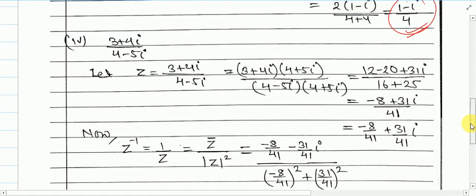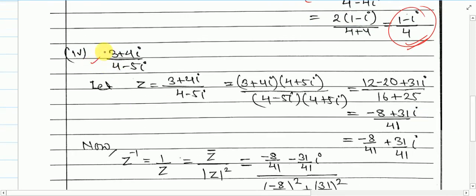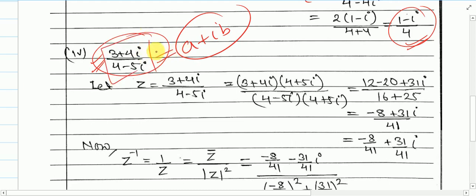Now next is this question. Here this is your complex number, and we have to find its multiplicative inverse. Though it's a complex number, it is not in this form. So firstly we'll bring it to this form.